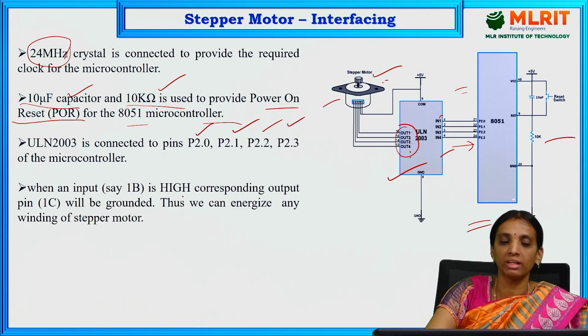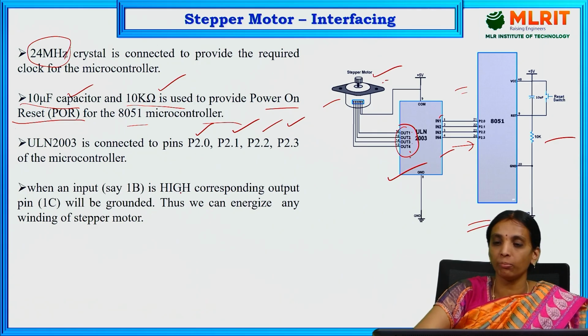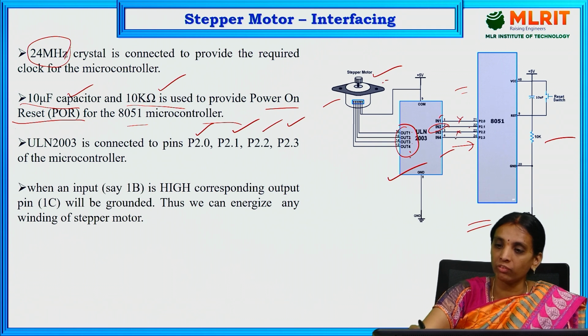When an input is high, the corresponding output pin will be grounded. So when any particular input is high, only that particular pin will be enabled and the remaining pins will not.